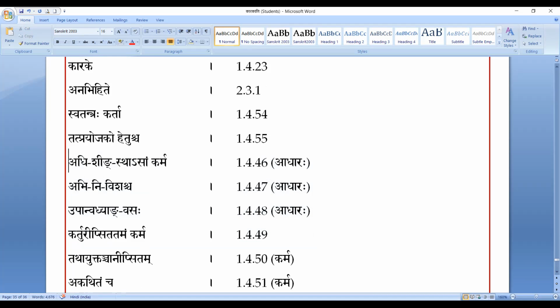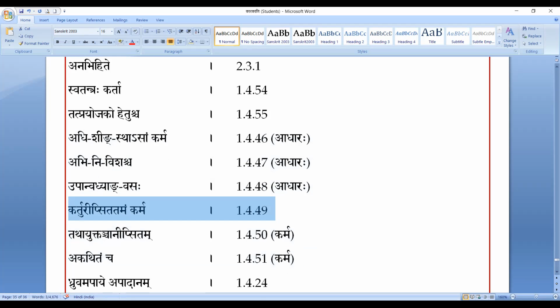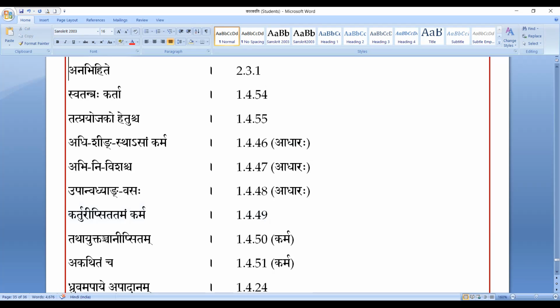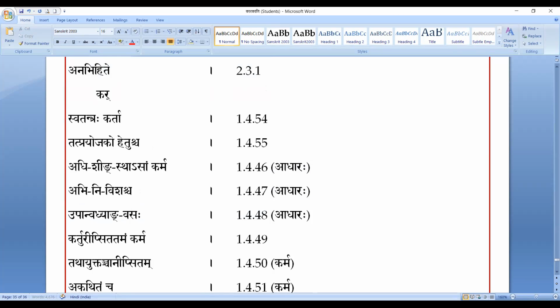We have already seen these three sutras. Then what is Karma is clearly defined: Kartur Ipsitatamam Karma, that which is most desired by the Karta. That is called Karma, a Sanya, Karma Karakam, and being Karma Karaka, Dvitiya Vibhakti. For Vibhakti you have to see section 231, the sutra Anabhihite, and the next sutra, 232, Karmani Dvitiya, that is Dvitiya Vibhakti.